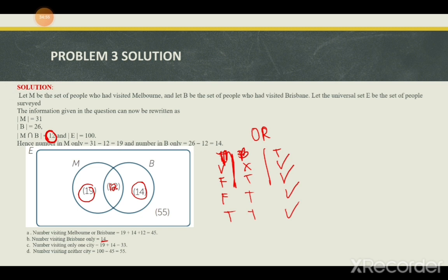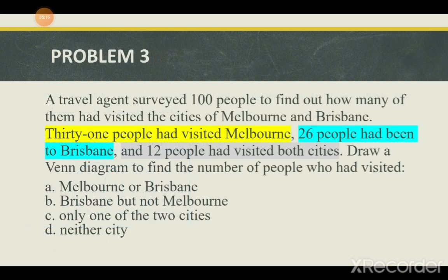Hindi niya na-visit yung dalawa. So therefore, tatanggalin natin yung intersection niya. So we have 19 and 14. We have 33. And then, the number of people visiting neither of the cities is 55. Okay. Bakit nagkaroon ng 55, sir? Saan galing yan? So yung element mo is the 100 people.